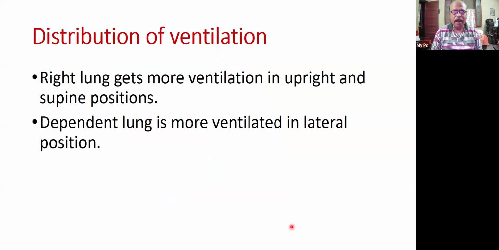And in an upright lung, the right lung gets more ventilation, and also in supine position. And the dependent lung is more ventilated in lateral position.